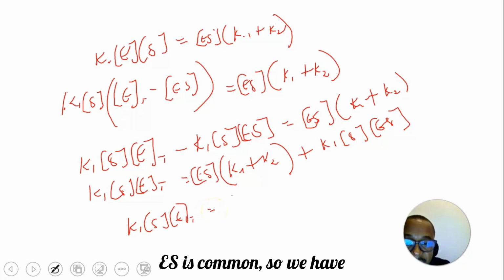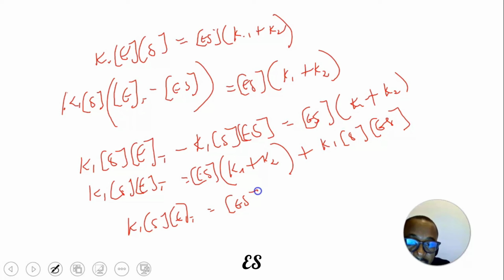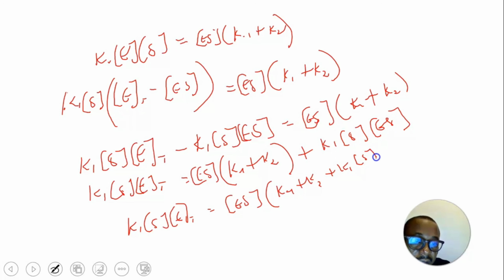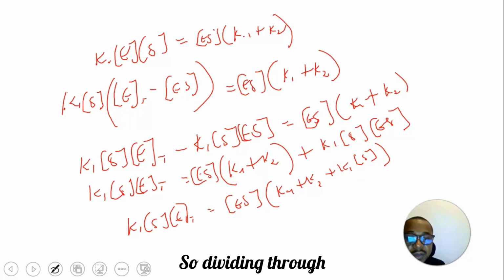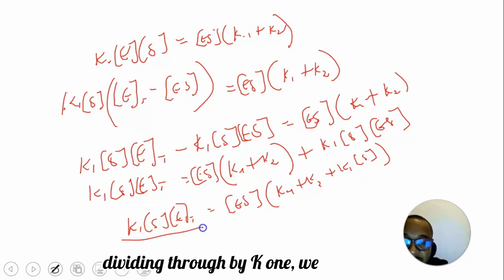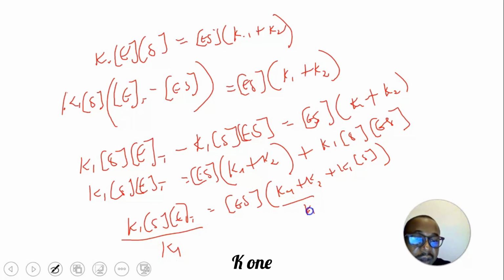ES is common, so we have ES bracket K minus 1 plus K2 plus K1 S. So dividing through by K1, we have K1, K1, K1, so this cancels this.